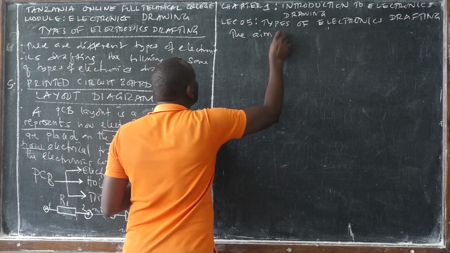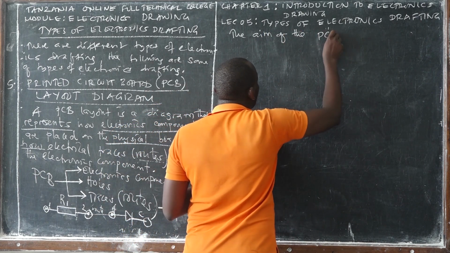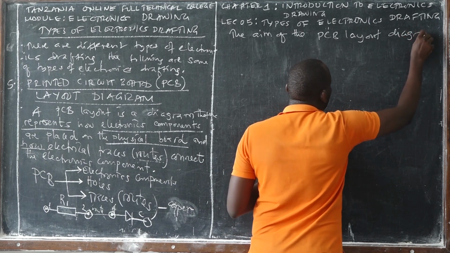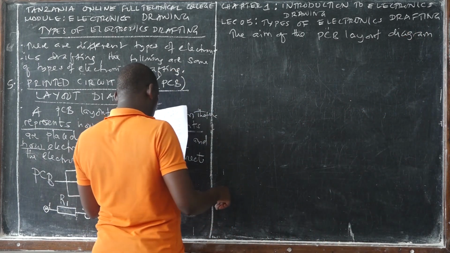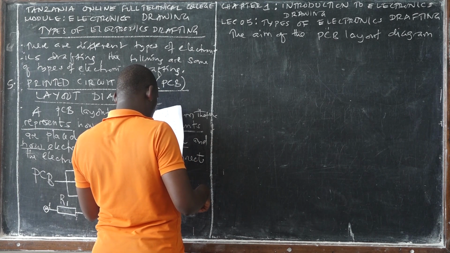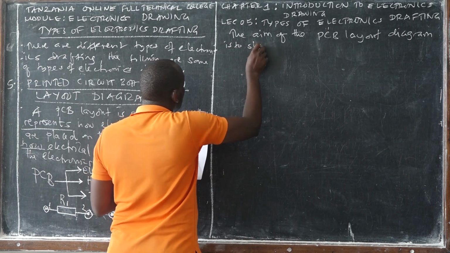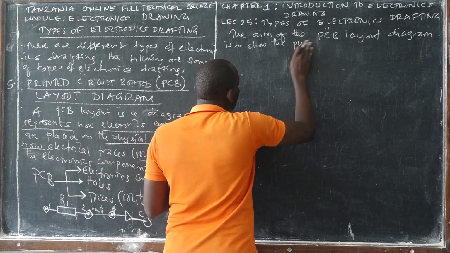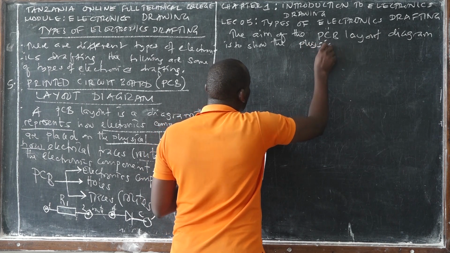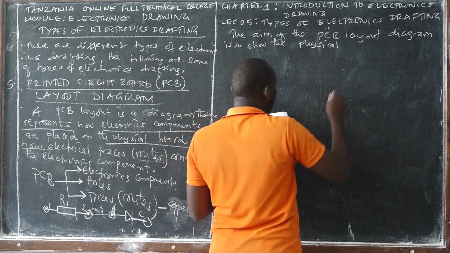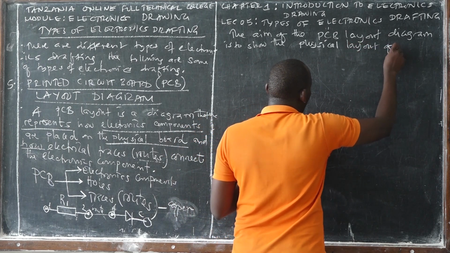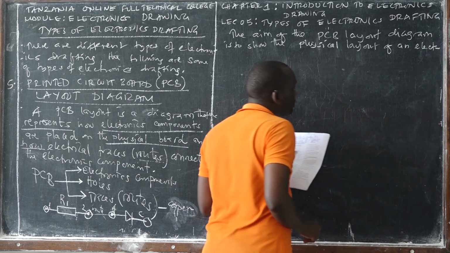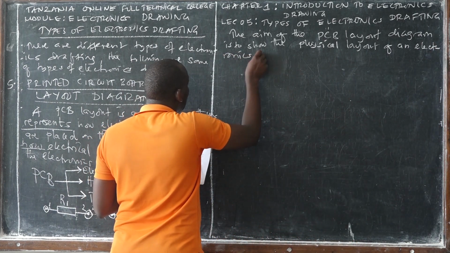So the aim of the PCB layout diagram is to show the physical layout of an electronics circuit.